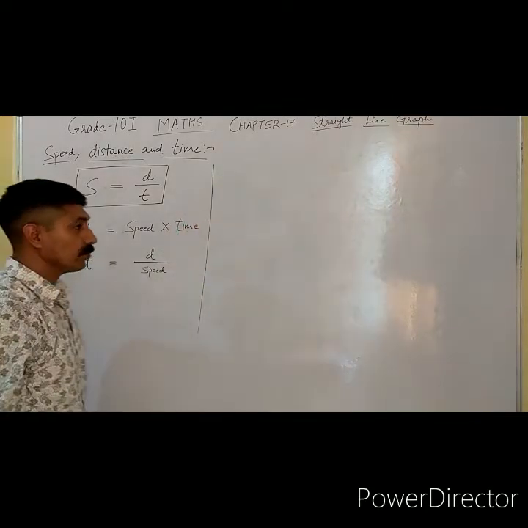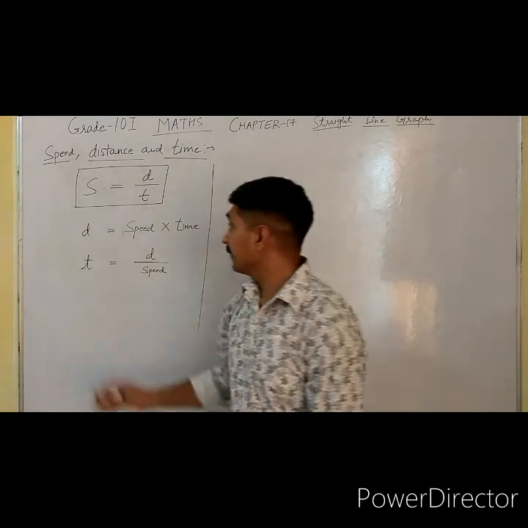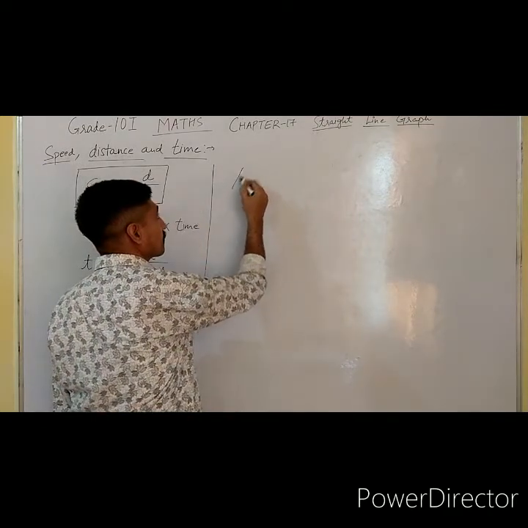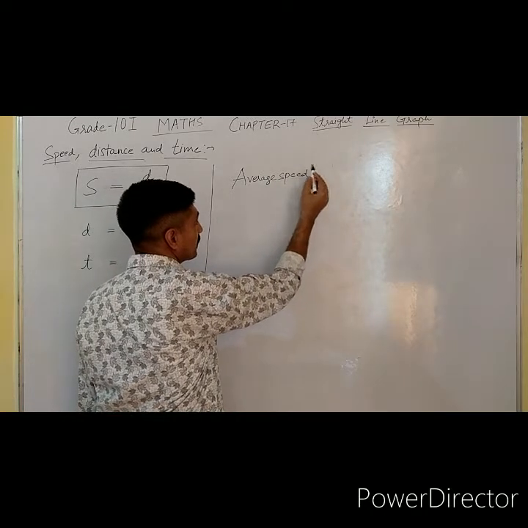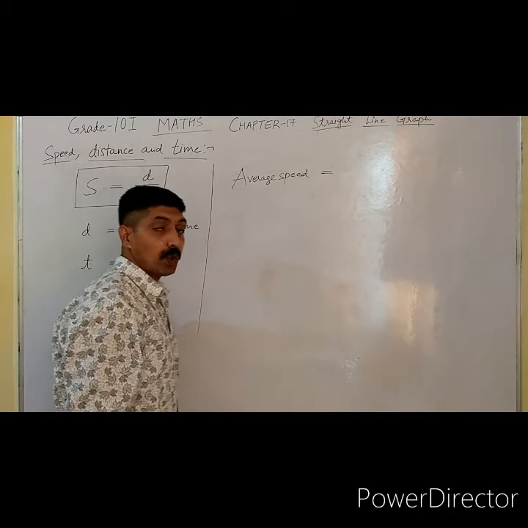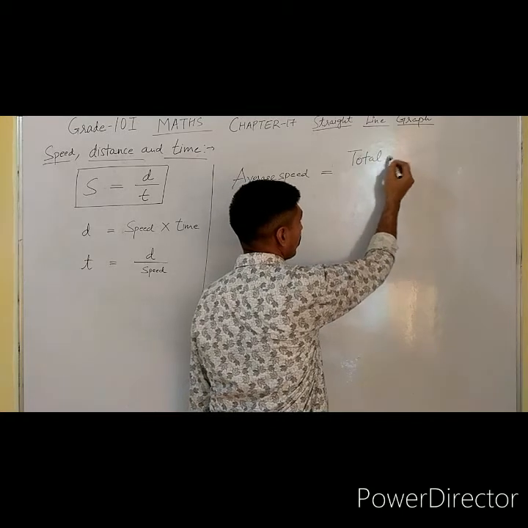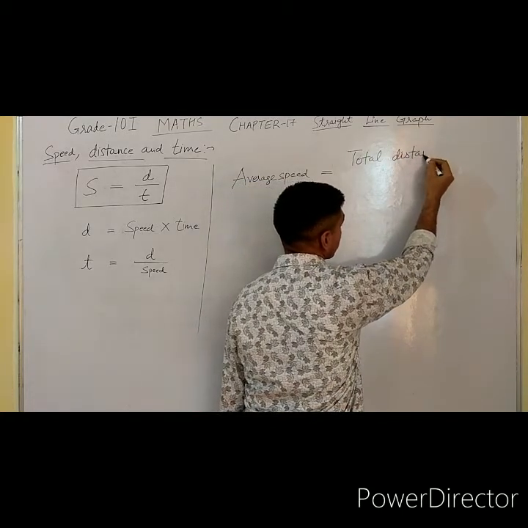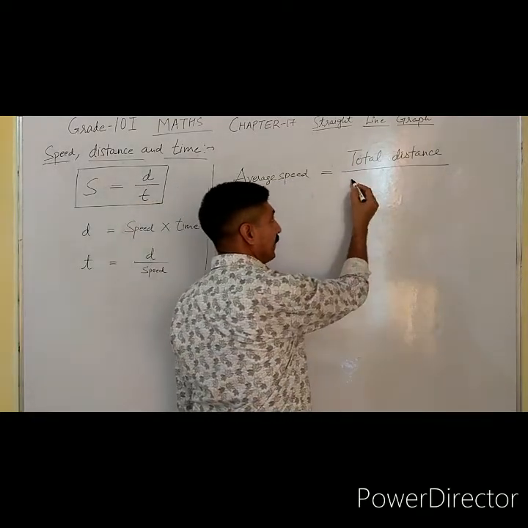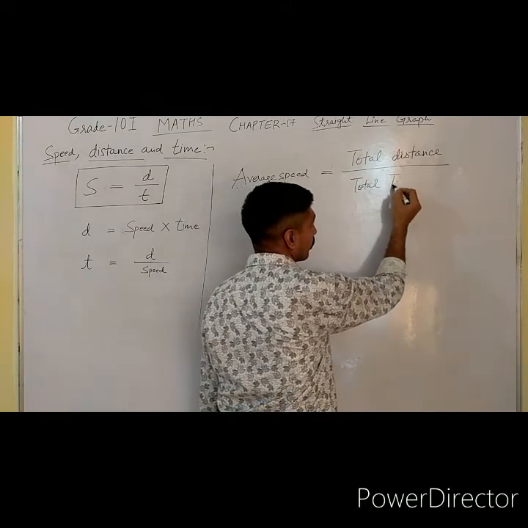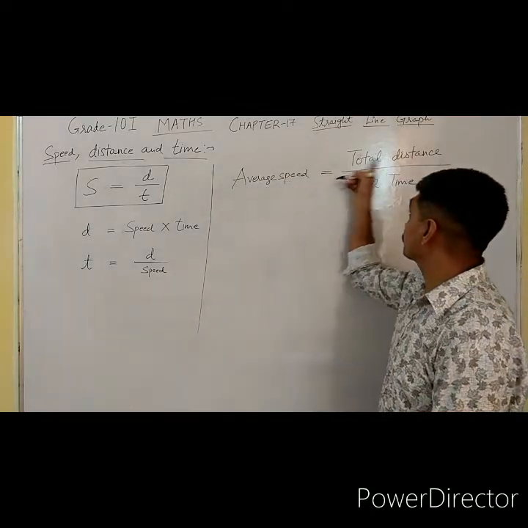If we want to find the average speed, then the average speed is equal to the total distance traveled upon the total time taken by the object to travel that distance.